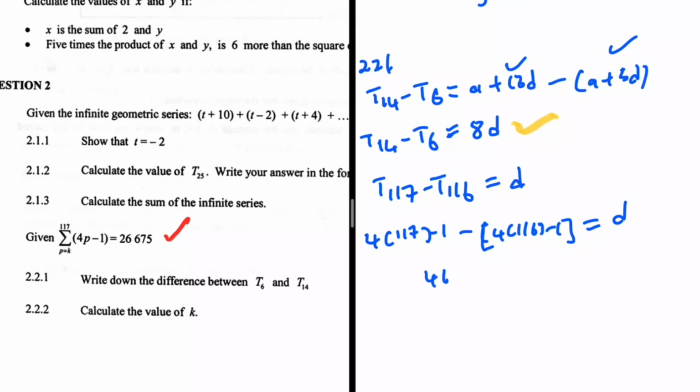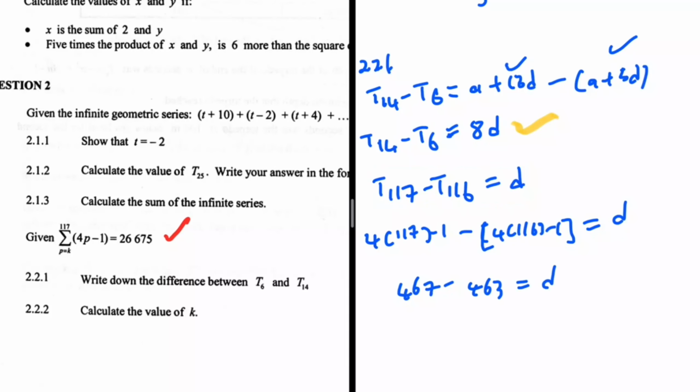Okay, let's stick to the basics. 467 minus 4 multiplied by 116 minus 1. That is 463, and that is equal to D.